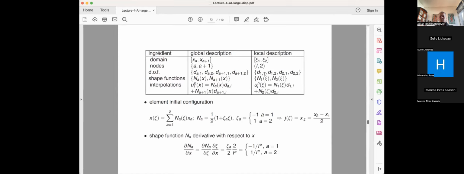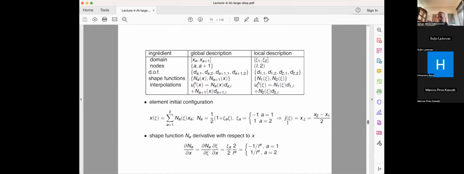And then shape functions, which are functions of x, are now expressed as a function of xi, with xi being the natural coordinate. So now you can say that my representation of geometry is done in terms of these natural coordinates. So x of xi is equal to N_A of xi, which is (1 minus xi)/2 for the first node and (1 plus xi)/2 for the second node, times the corresponding coordinates x1 and x2.